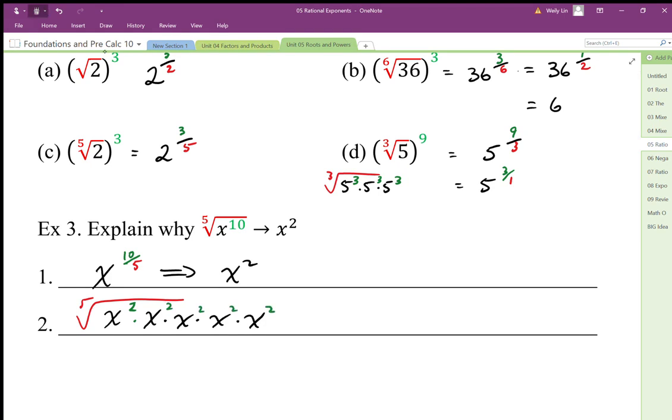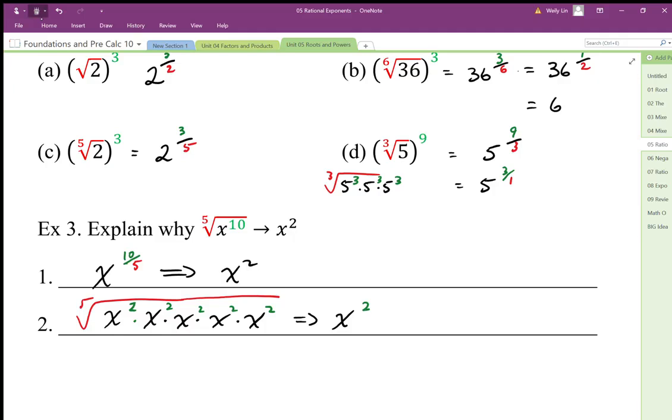So the number that multiplies itself 5 times and gives us x to the power 10 is going to be x squared. So we can justify it in this way and say that by definition of the fifth root, there are 5 groups of 2 in 10. And that's how we do that.